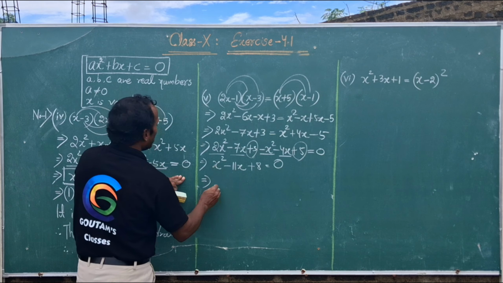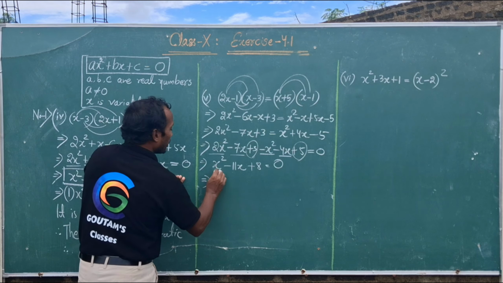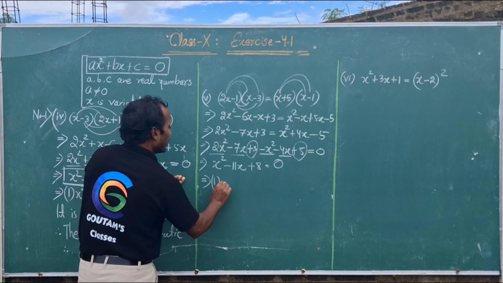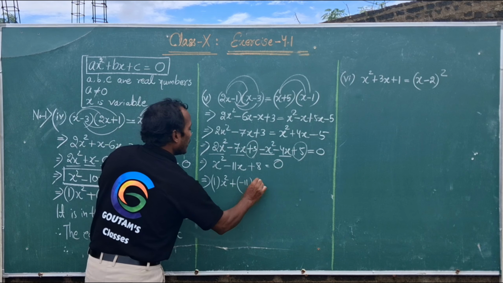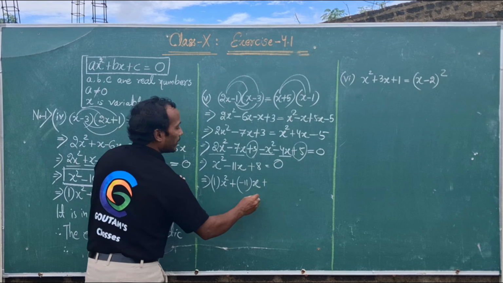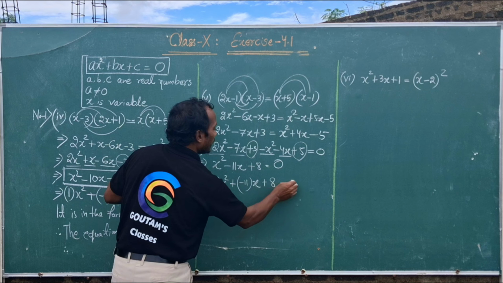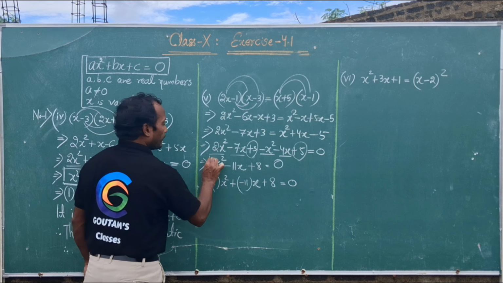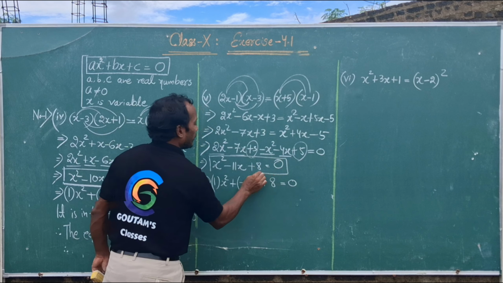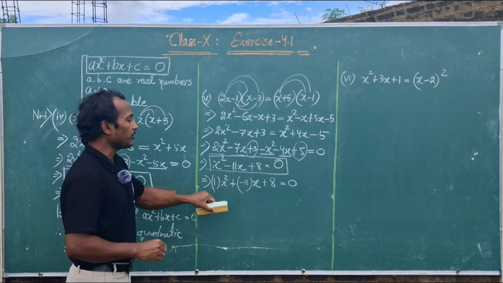I can express it in terms of ax square plus bx plus c. So here 1 is a, x square I have, plus b is minus 11, x is there, plus c is 8. C is equal to 8. This is in standard form now. So this was our equation. We expressed it in standard form.